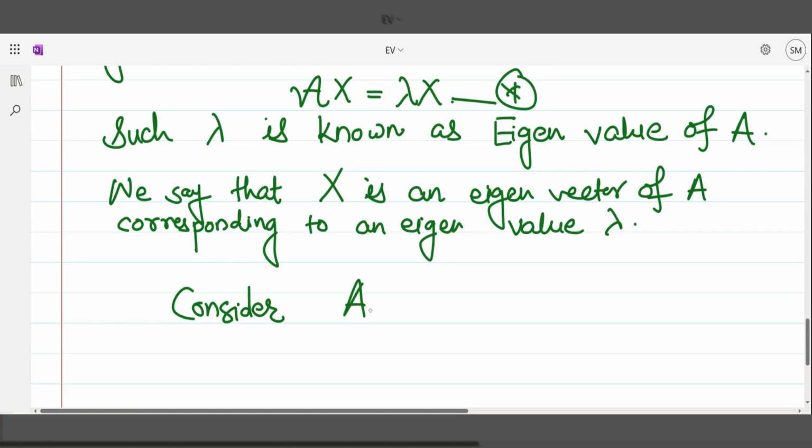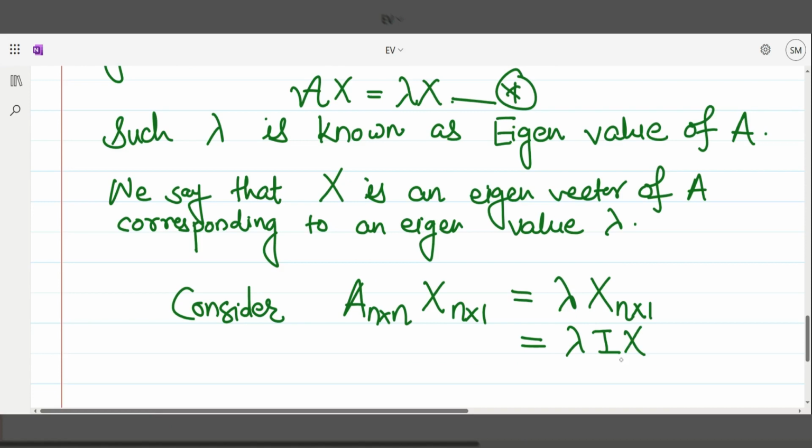This A is an n cross n matrix, x is an n cross 1 column vector, and lambda is a real number. Let's rewrite lambda x as lambda I x, which is justifiable where I is the n cross n identity matrix.